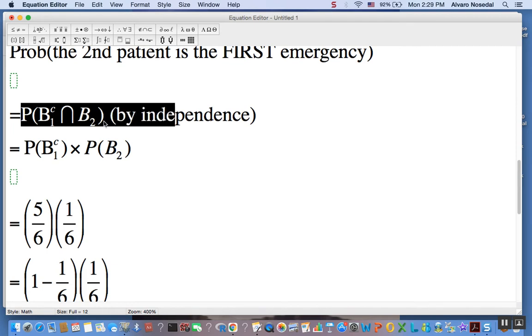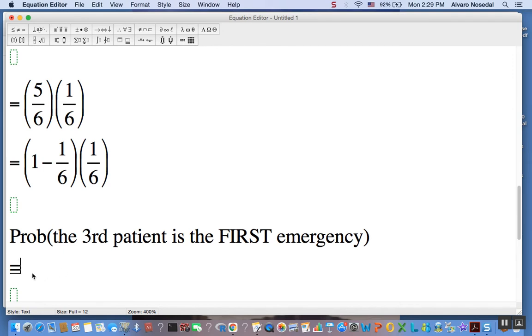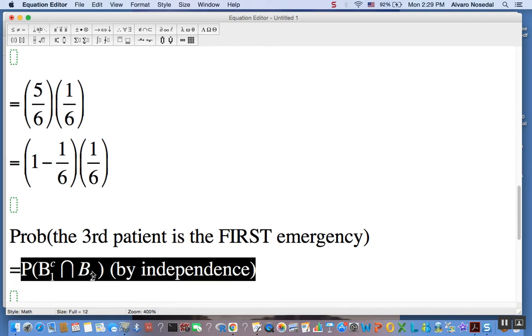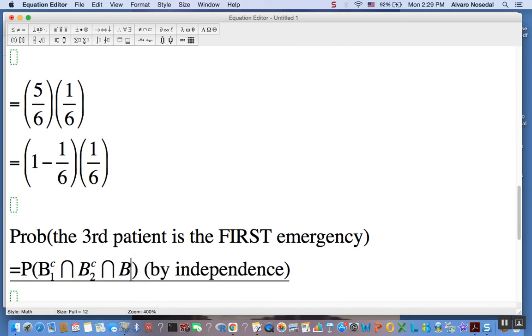Let me be lazy and I will copy and paste this. So what we have is that the first arrival was not an emergency, and we also have that the second arrival was not an emergency, and finally the third arrival is the one that happens to be our emergency, right?